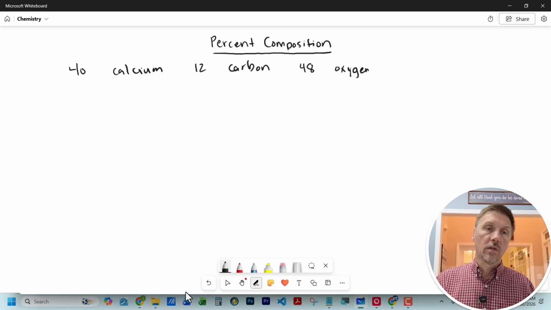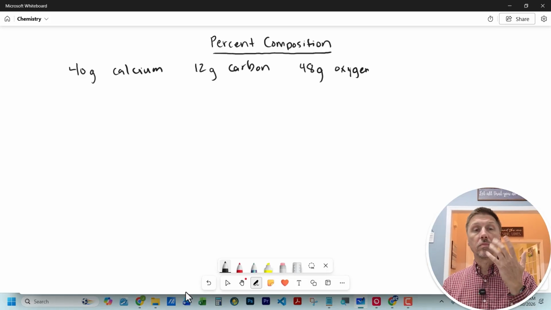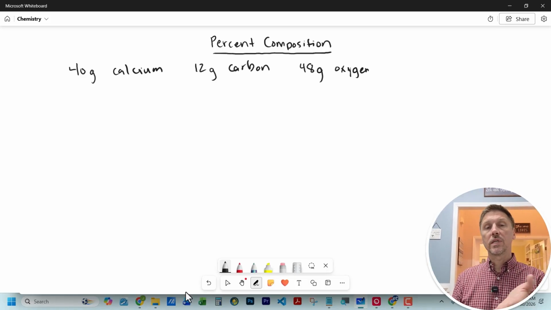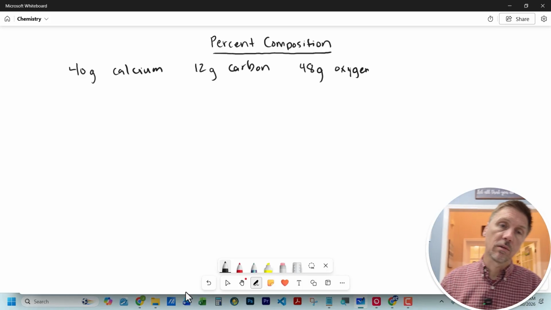So we're going to change the percent signs to grams, all right? And we're going to determine what the empirical formula would be if this was how many grams of each substance that we have, right?